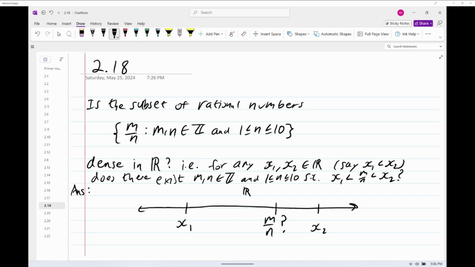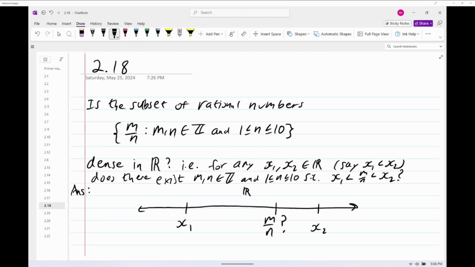Wait, m and n are a subset of Z? Is that what that is? M and n are integers. Oh, okay. I think not. How come? Because at the most granular points, unless I'm misunderstanding this, m over n is at increments of a tenth. And I imagine that there are real numbers that are closer together than a tenth.